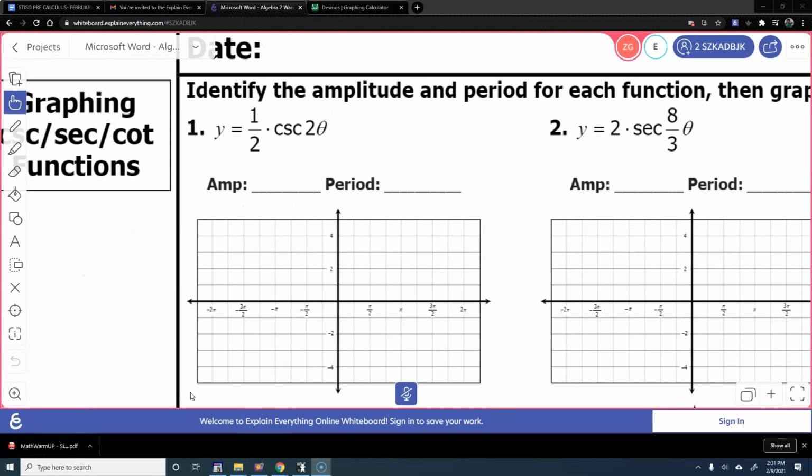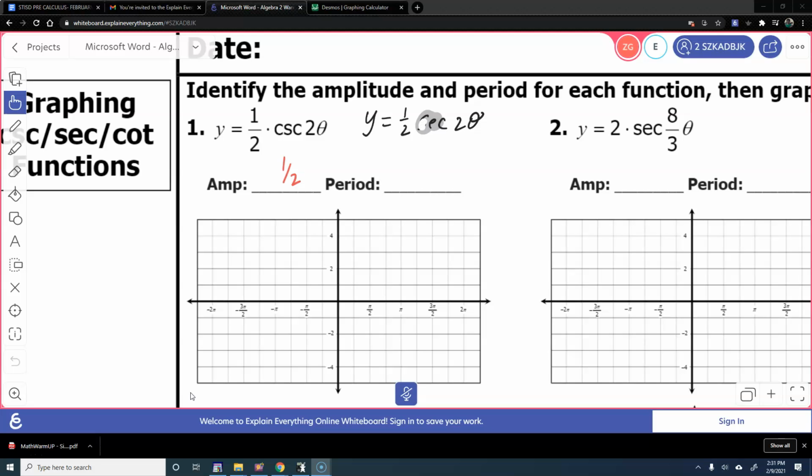For number 1, the amplitude will be 1/2. Actually, it's the absolute value of 1/2. The period, we have to go back and we have to write the reciprocal. So to find the period, it's not secant.